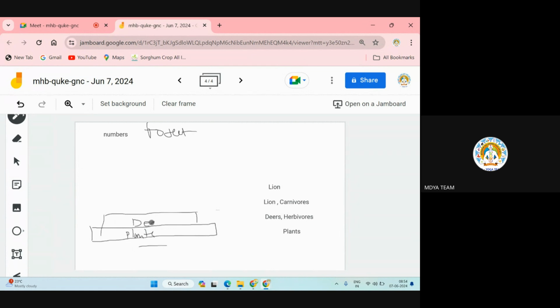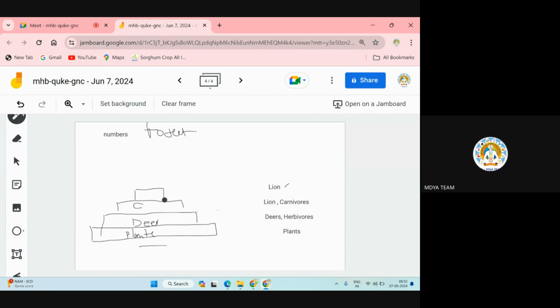So deer I will write here. Next, if we talk about carnivores, those feeding on this deer, it will be a little less. For example, wolf will be there, some hyena or some small carnivores, including lion, will be there. And in the topmost category, the highest carnivores, lions or tigers, they will be lowest in number.